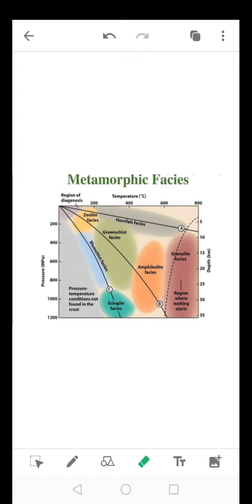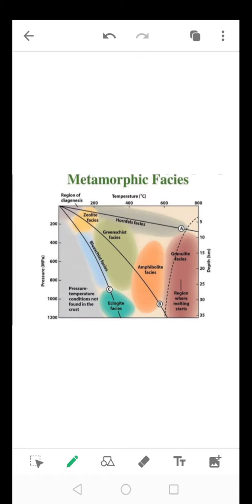Before we finish off the session, we know for a fact that we talked of metamorphic facies, and we all understood that. We all understood the Barrovian metamorphism, which is separated into three facies: low grade, middle grade, and high grade.